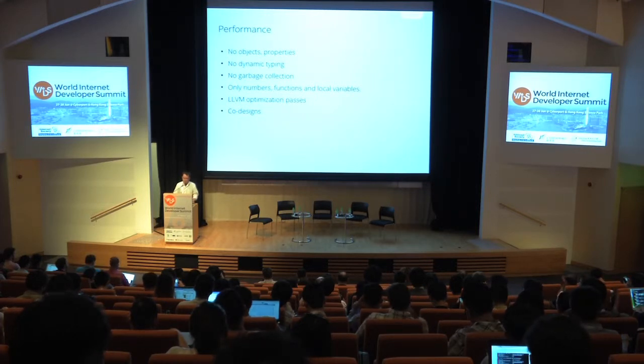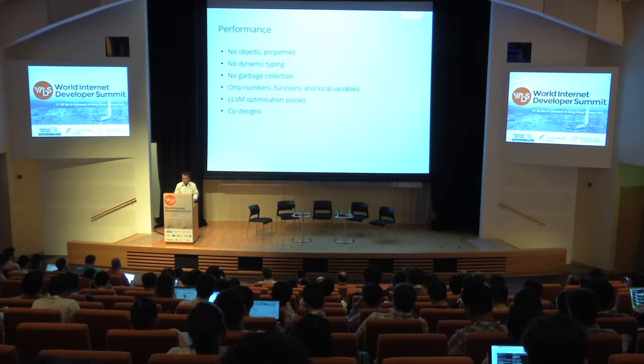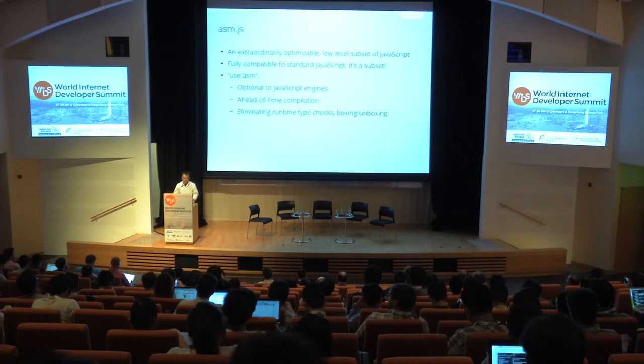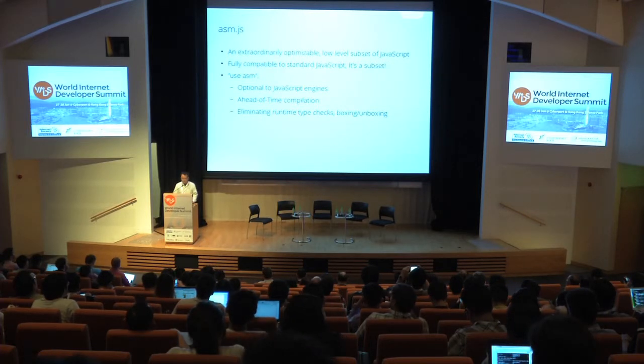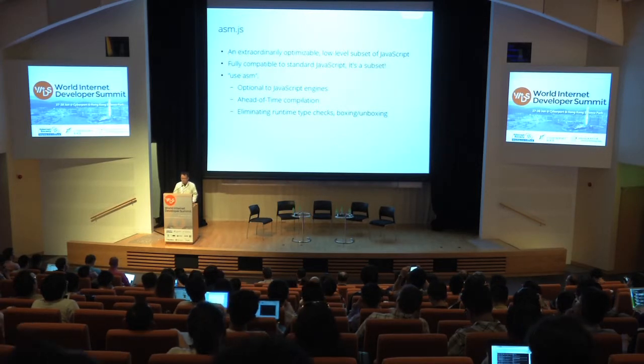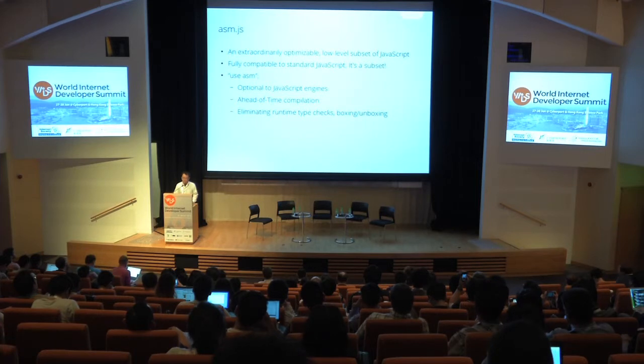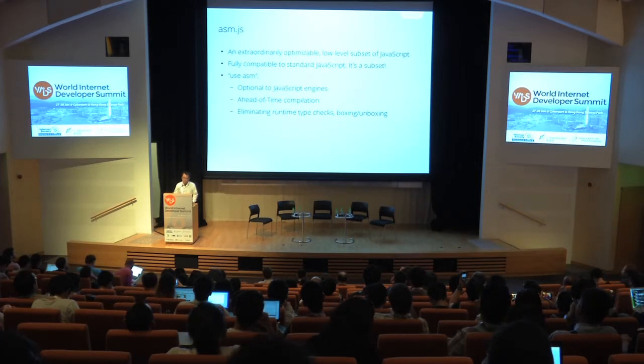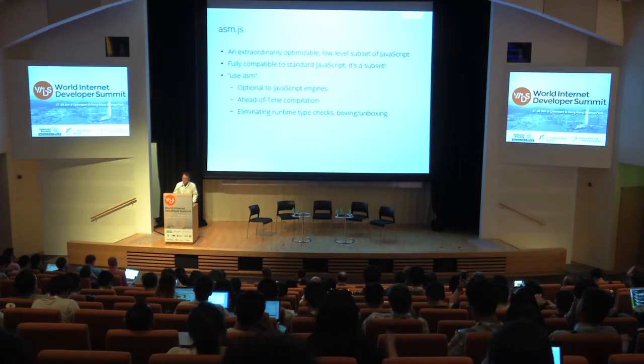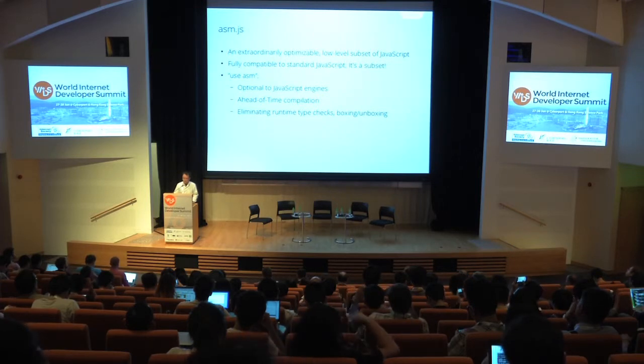It also benefits from one of the core designs called asm.js. asm.js is a specification. It defines an extraordinarily optimizable low-level subset of JavaScript. It's fully compatible with standard JavaScript since it's only a subset.